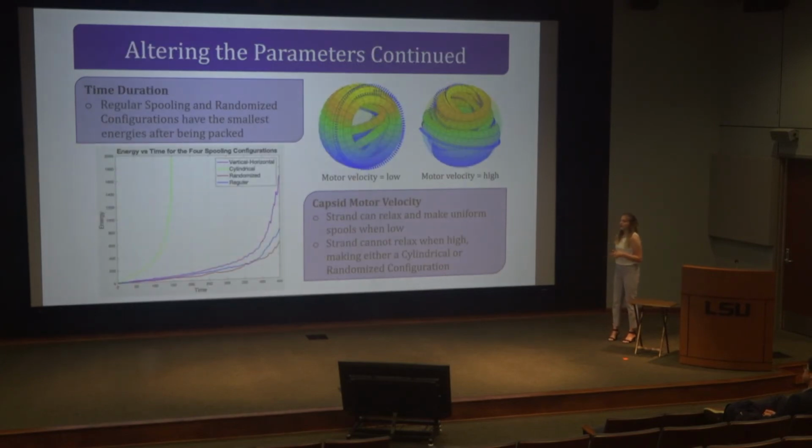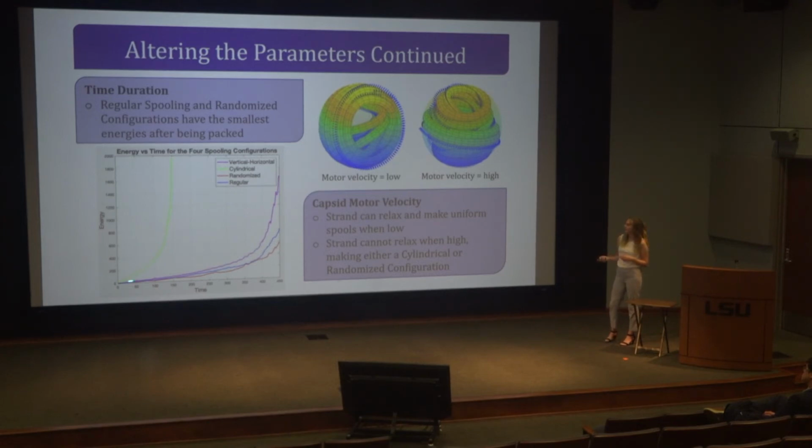The other two parameters that we mainly focused on are time duration and capsid motor velocity. Time duration was mainly used to take a look at the energy. We found that the regular spooling and randomized configurations have the smallest energies after being packed.